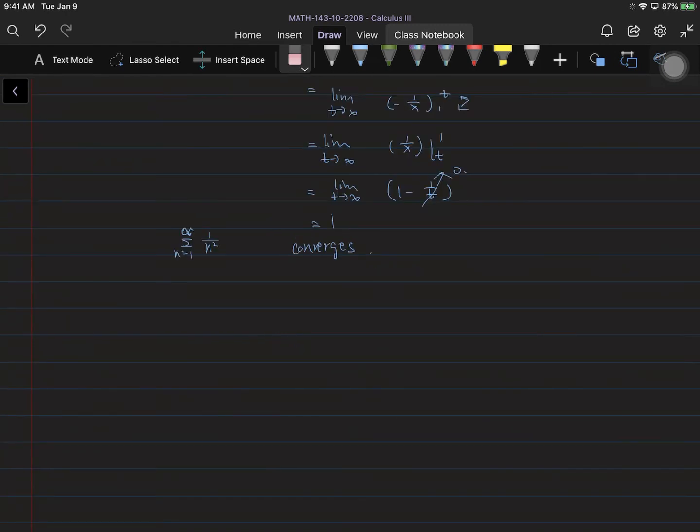Next example, we are going to show that the p series converges or diverges under certain conditions. So firstly, I'm going to give you the definition for the p series. What does the p series look like?